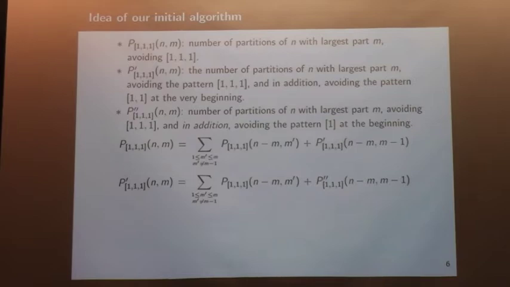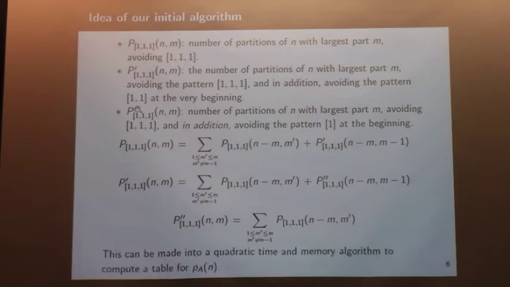And depending on m prime, if m prime is equal to m minus 1, then we are left with a partition that not only avoids 111 globally, but also avoids the pattern 1 at the very beginning. So that's why we have this p double prime here. And if m prime is not equal to m minus 1, we only avoid 111 globally. So same idea for this one.